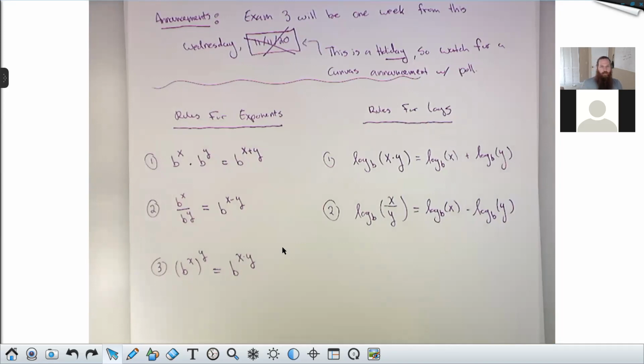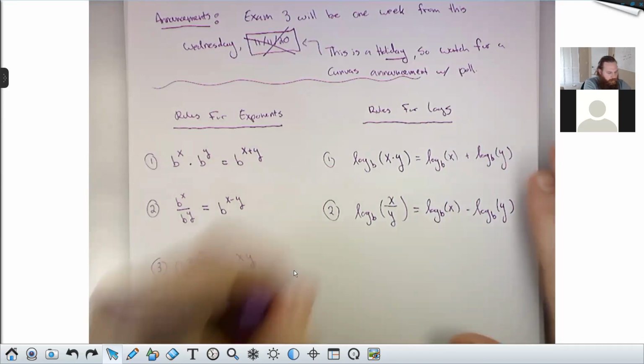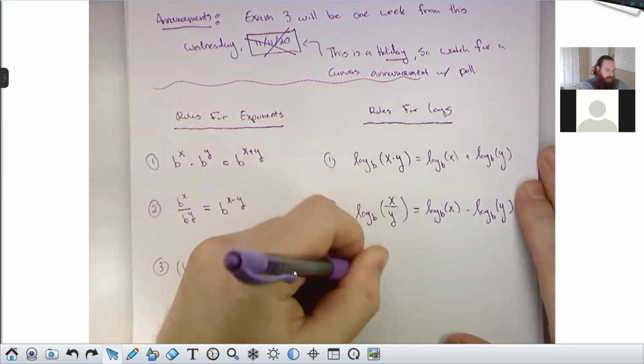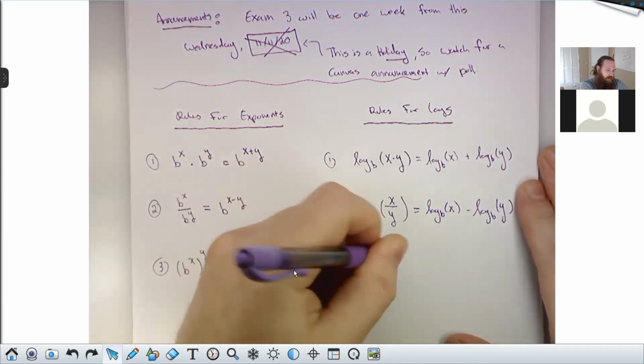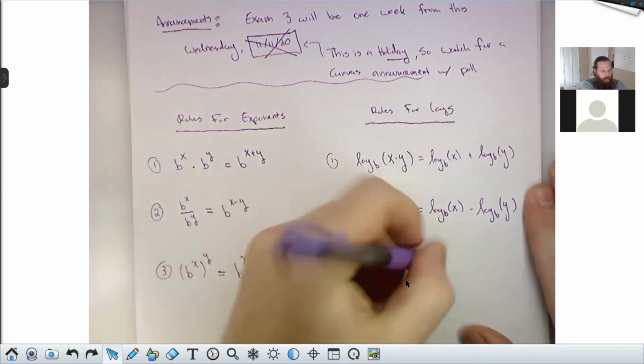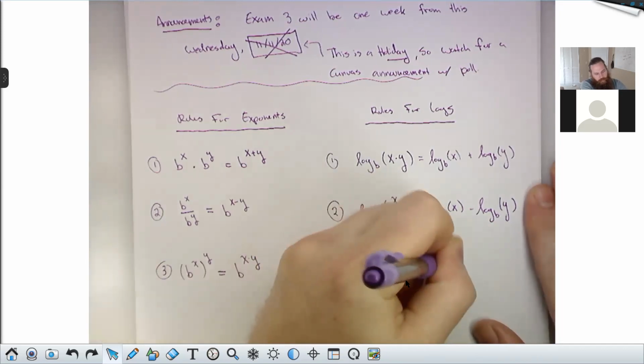So you raise a power to a power, the result is you multiply the powers. And the corresponding rule for logarithms is that if you have a log of a power, so the base b log of x to the y, everything inside the logarithm here is being raised to the yth power, I can bring that power down in front as a multiple.